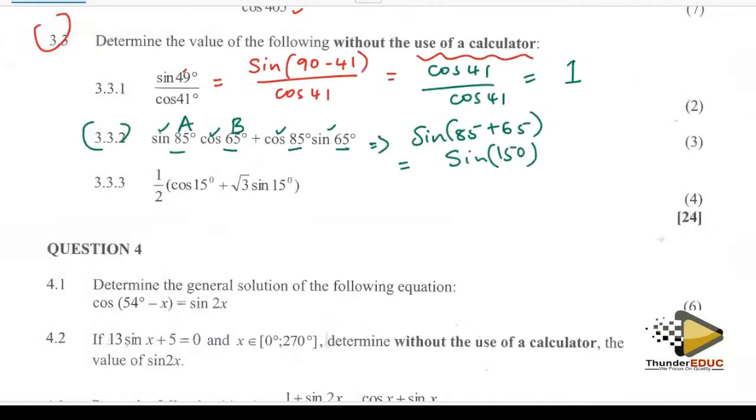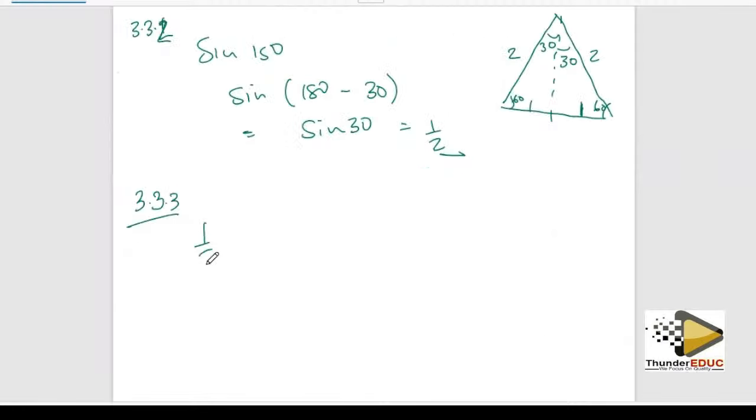Okay, 3.3.3: a half cos 15 plus root 3 sine 15. Guys, this question needs some bit of thinking. We need big guns for this one. So it's a half cos of 15 plus root 3 over 2 sine of 15.